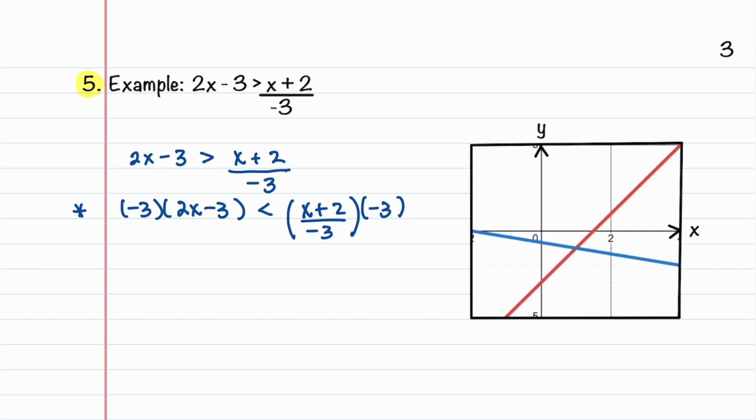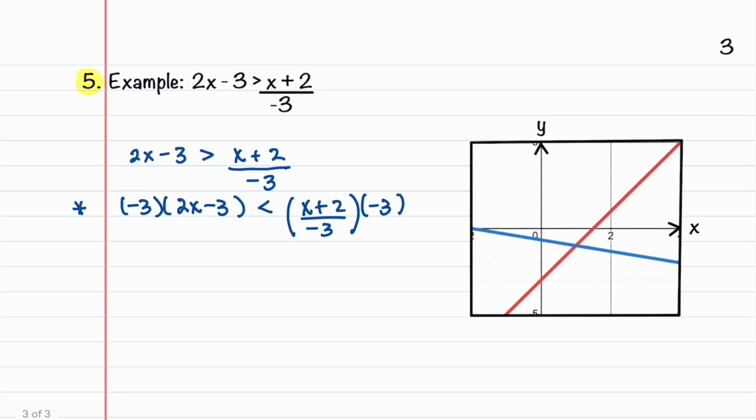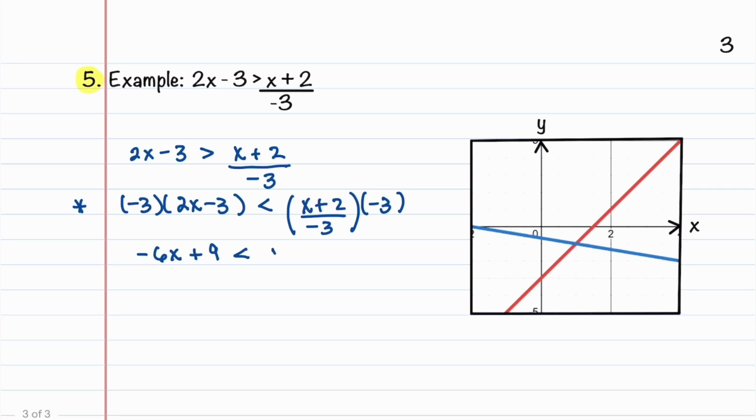Whenever you divide or multiply by a negative, you always change the inequality. Now we can go ahead and clean things up. Minus 3 times 2x is minus 6x, and then minus 3 times minus 3 is a plus 9. And then we have a less than. The negative 3's cancel, and we're just left with x plus 2 on the right.